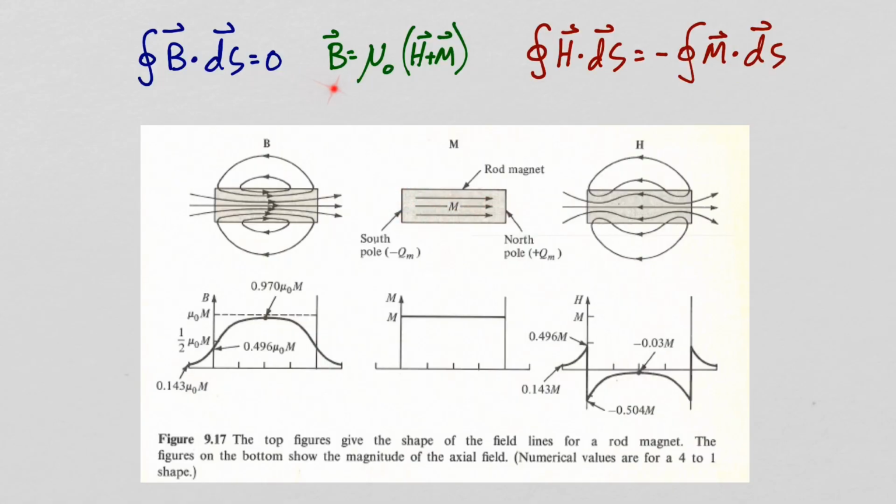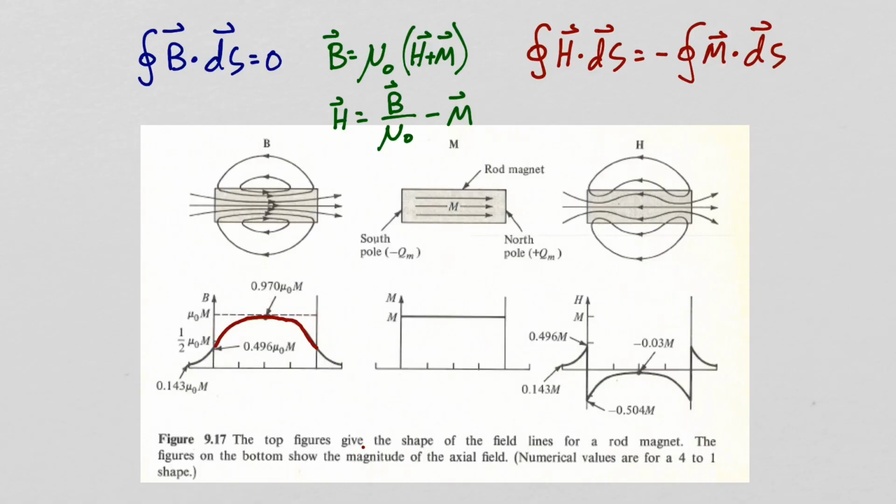So let's take this expression and solve for H. We can take our magnetic flux density field, divide by our permeability of free space, and then subtract off M. So the only place there will be a subtraction will be in this region right here.